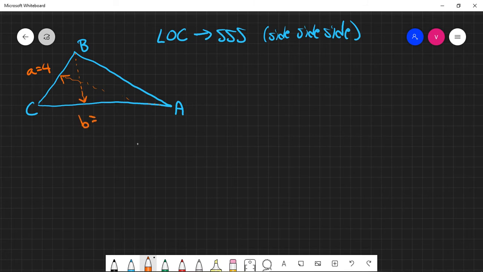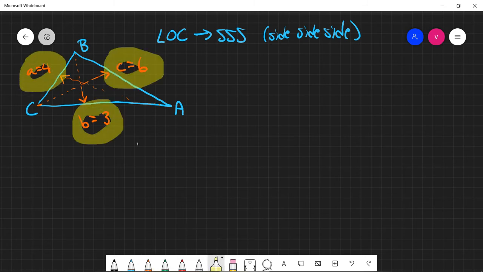Opposite B is going to be side B, which equals 3. And opposite angle C is side C, which equals 6 in this case. So what do you have? A side and a side and a side. You have 3 sides, nothing else.